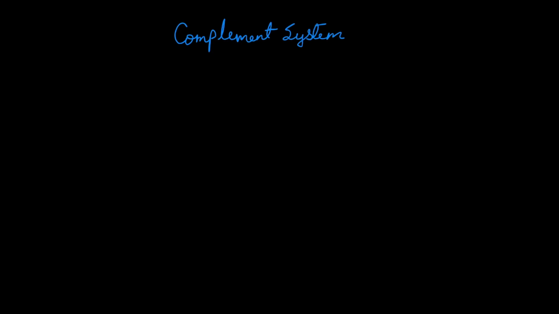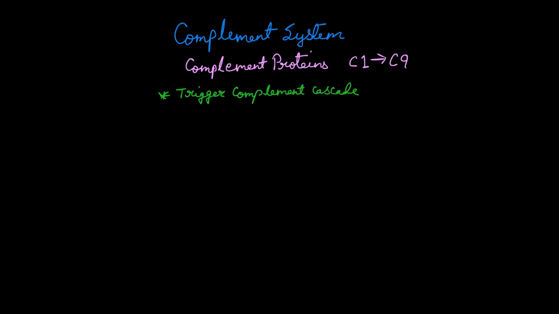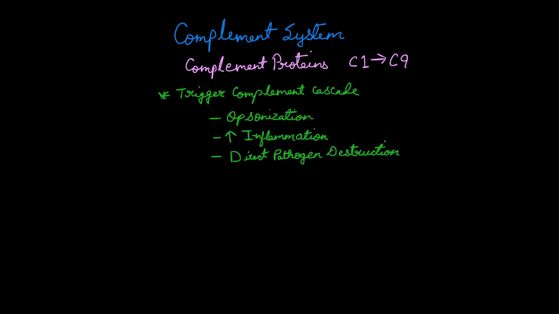Next, we will look briefly at the complement system. The complement system works alongside the innate and the specific immune system to help them destroy pathogens. This involves a series of complement proteins labeled C1 to C9. Once the complement system is triggered, the proteins start to activate each other in something called the complement cascade, and various products of the complement cascade have important functions such as opsonization, increasing inflammation, and direct pathogen destruction.